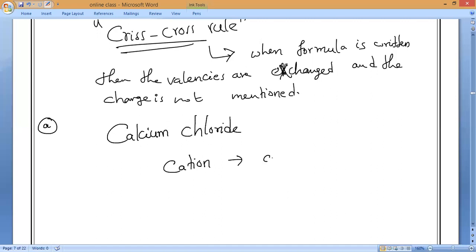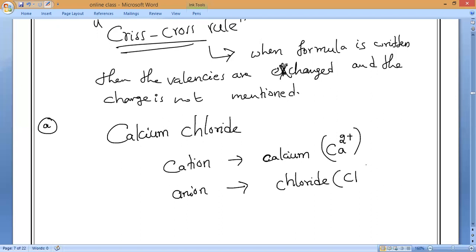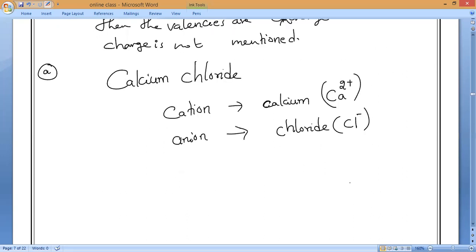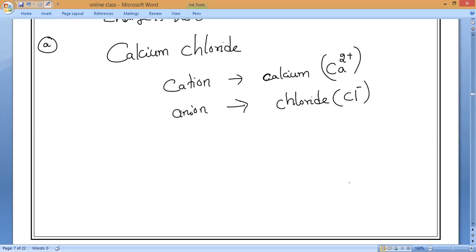The cation is calcium, Ca2 plus, the calcium ion. Next, who is the anion? Chlorine, the chloride ion, which is Cl minus. So what is our first step? First write the calcium cation and then the chloride ion. That is the primary step: Ca2 plus and Cl minus.